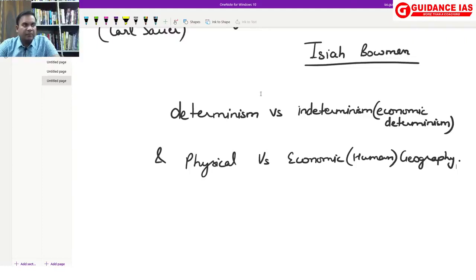Environmentalism has provided a fertile ground where the promise of synthesis between these approaches can be achieved in future.